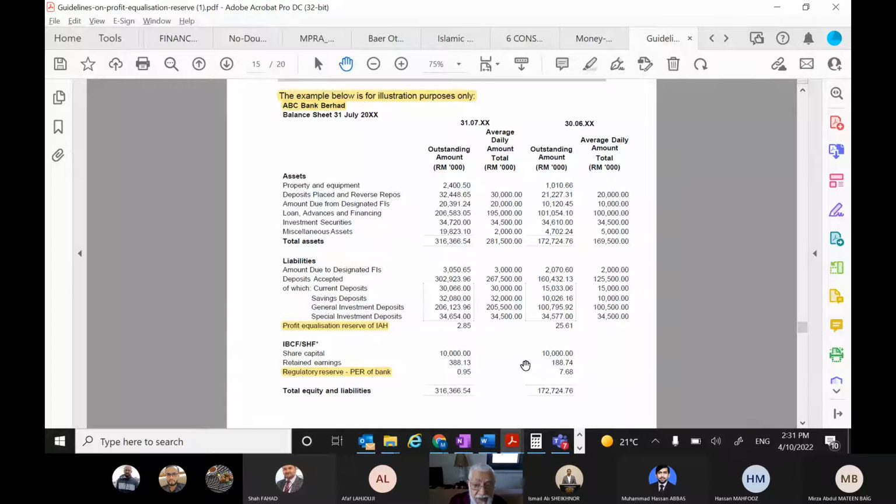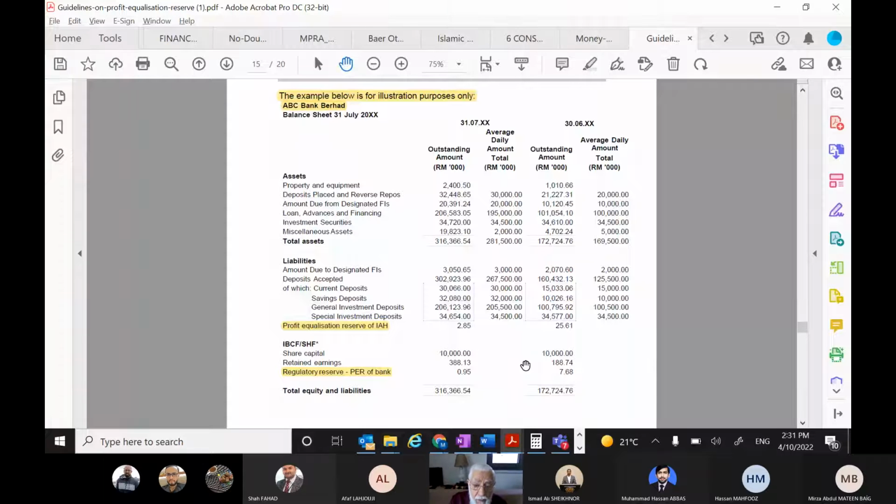And the AAOIFI standard requires this only at liquidation, because it doesn't talk about the time when the bank is still functioning and it has excess in this reserve.